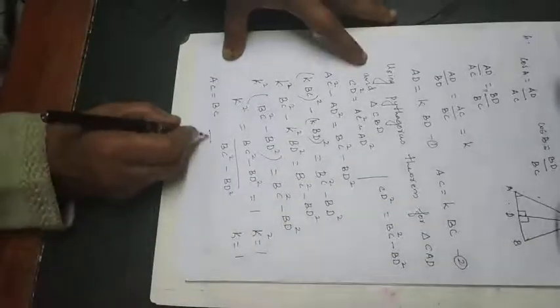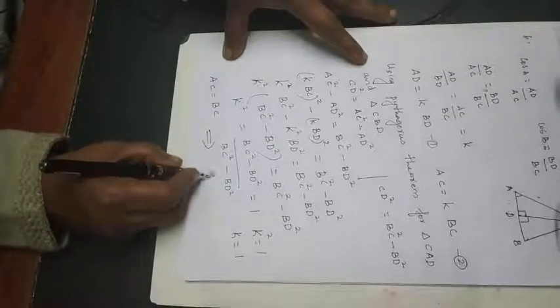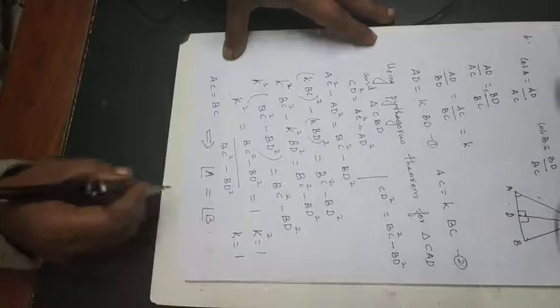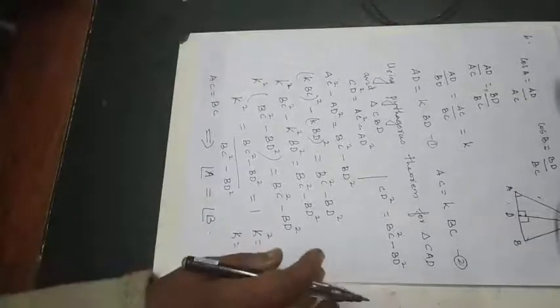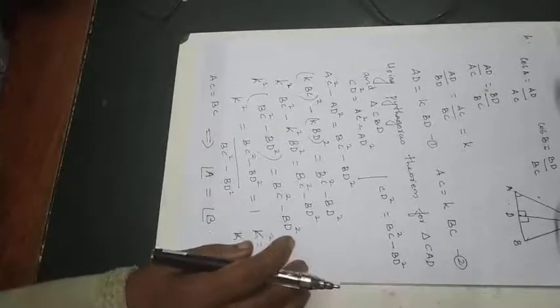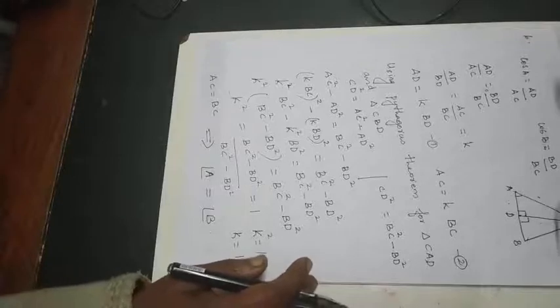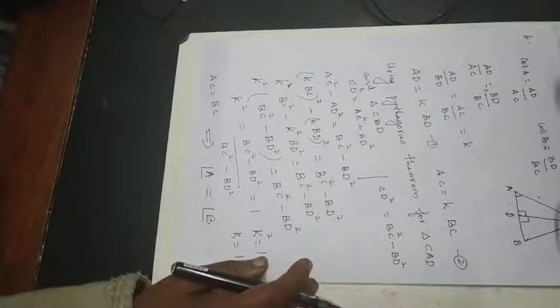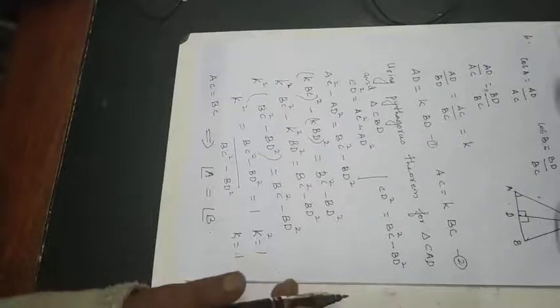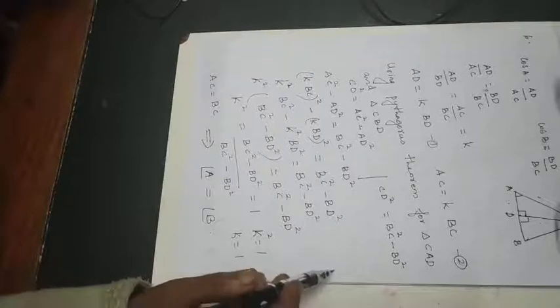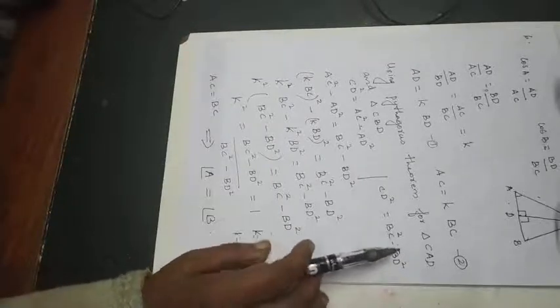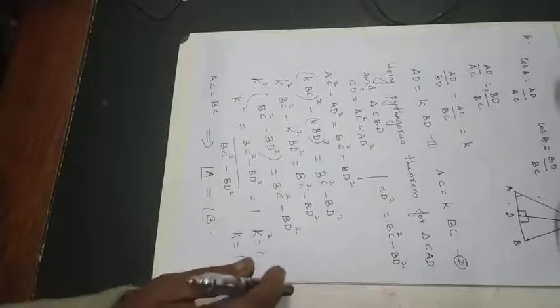That means angle A equal to angle B. This same problem you can solve by BPT also, that is basic proportionality theorem from chapter 6. When we take that one we'll discuss, but it is lengthier than this one. I think this method will be easy for you to understand.